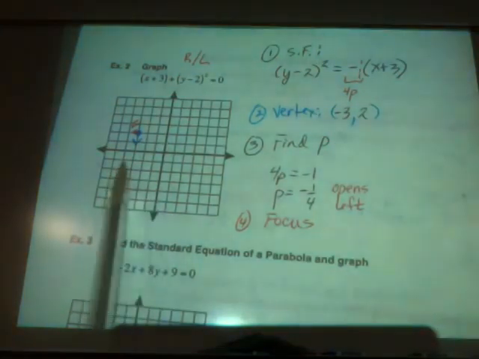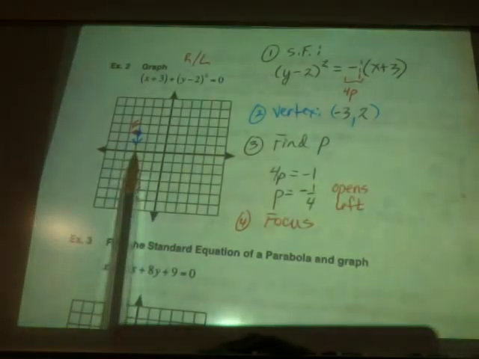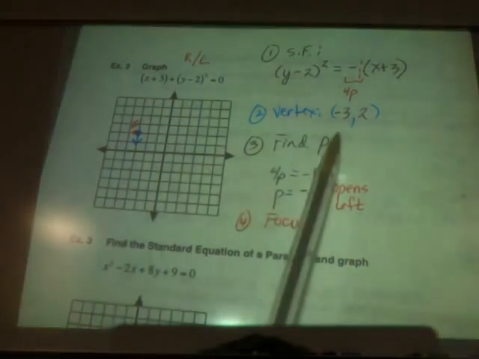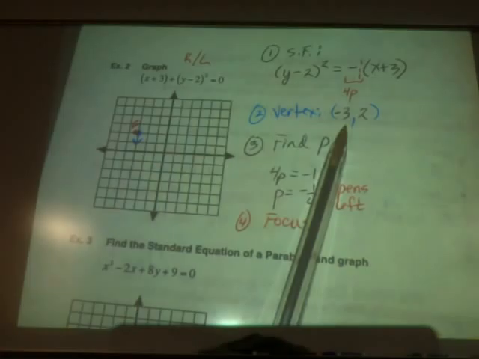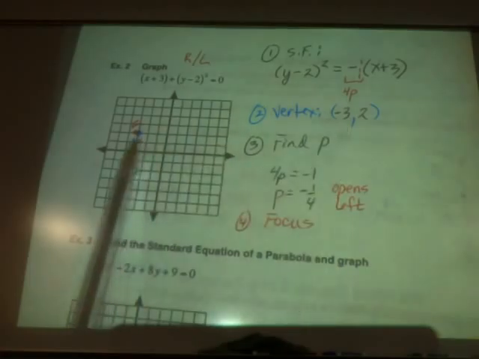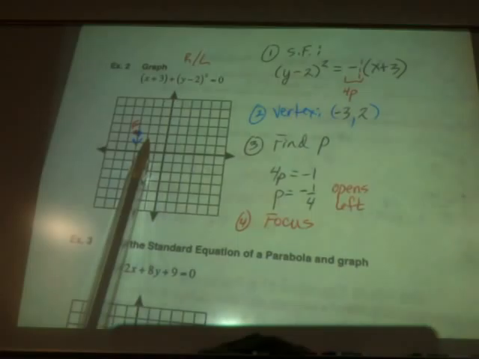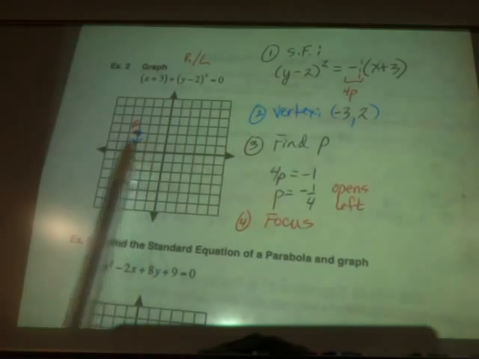Now, the x value of that vertex is what? Negative 3. So what's negative 3 plus, I'm going to say a negative 4th because I went to the left, right? If I just add a positive 1/4, won't that move me to the right? You see what I'm doing? So what's negative 3 plus negative 1/4?